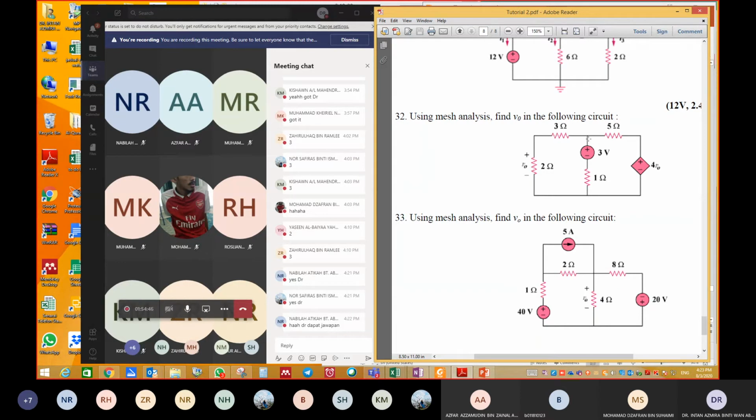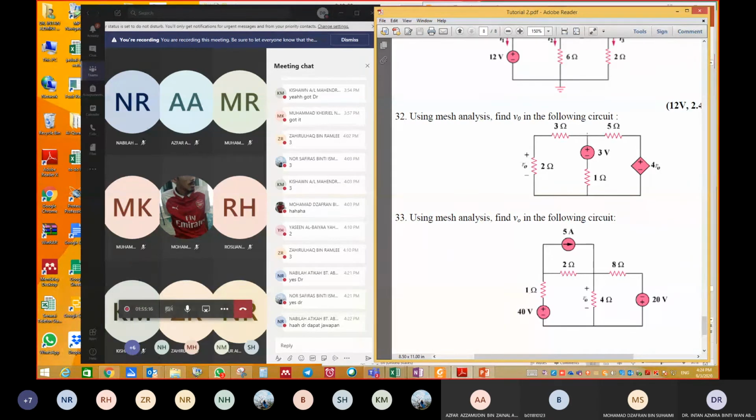So this 3 volt you can put here, make it 1 ohm here. You may redraw if you are confused with this circuit. So make it 1 ohm and then 3 volt. Put it down. So here, if you put the current flows to the ground, let's say here is V1.